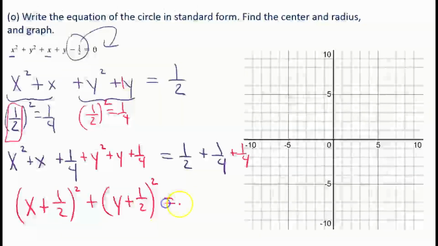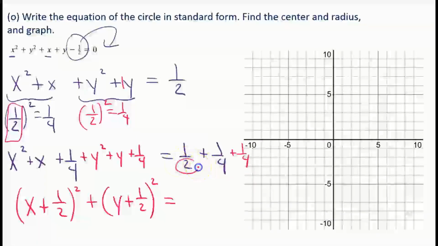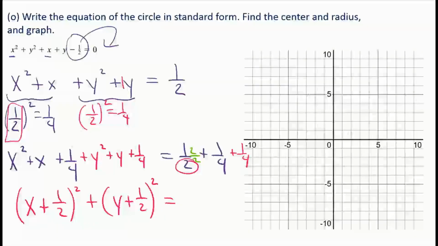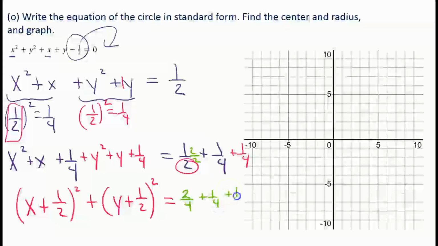And now over here, I'm supposed to add these together. Now, there's a little work involved there. We know 1/4 plus 1/4 we can add together to get 2/4 because there's a common denominator. But you know what? This 2 is not what we need. We need to find a common denominator by multiplying 2 over 2 right here. And so when I list this out, that's going to be 2/4 plus 1/4 plus 1/4.